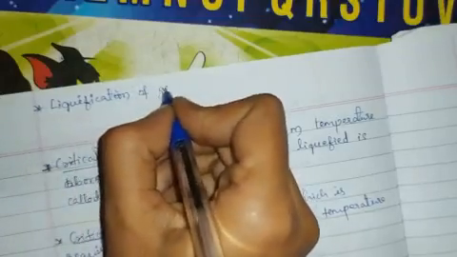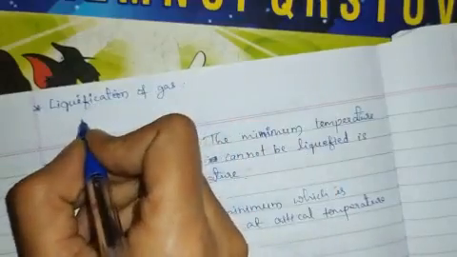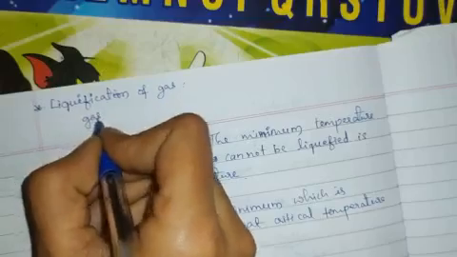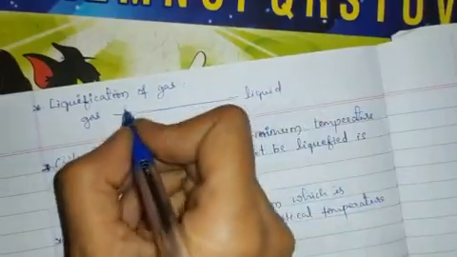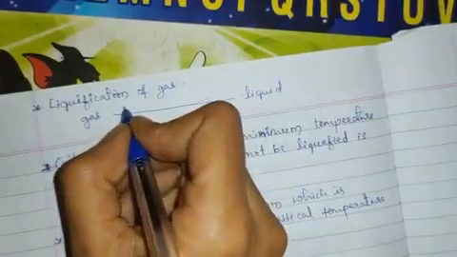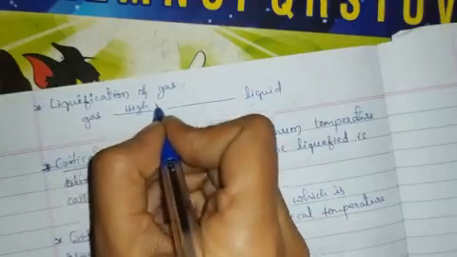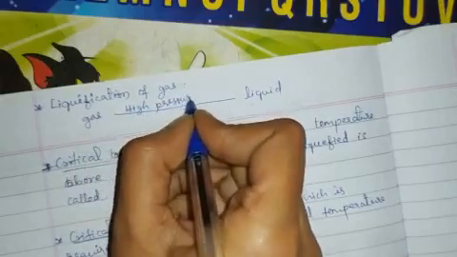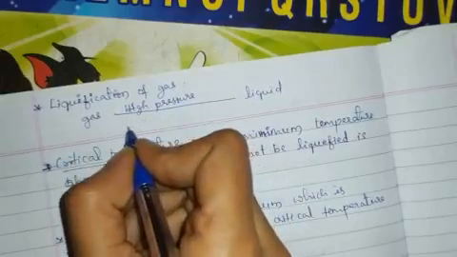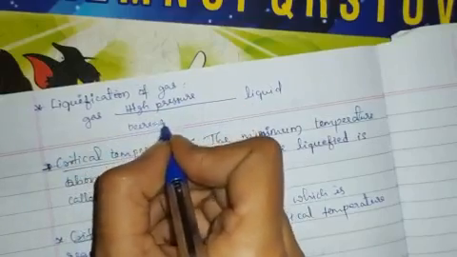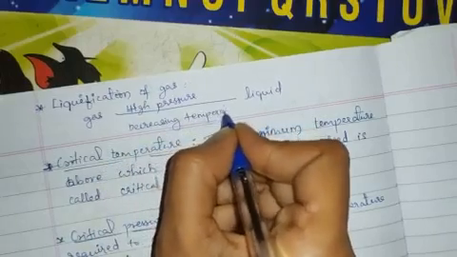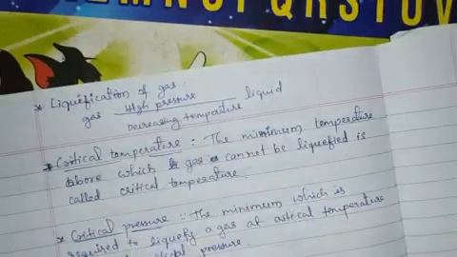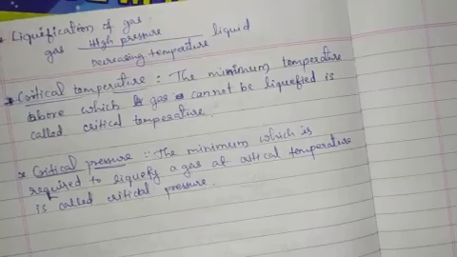Liquefaction of gas is the process of conversion of gas into liquid by applying high pressure or by lowering the temperature. This process is known as liquefaction of gas.